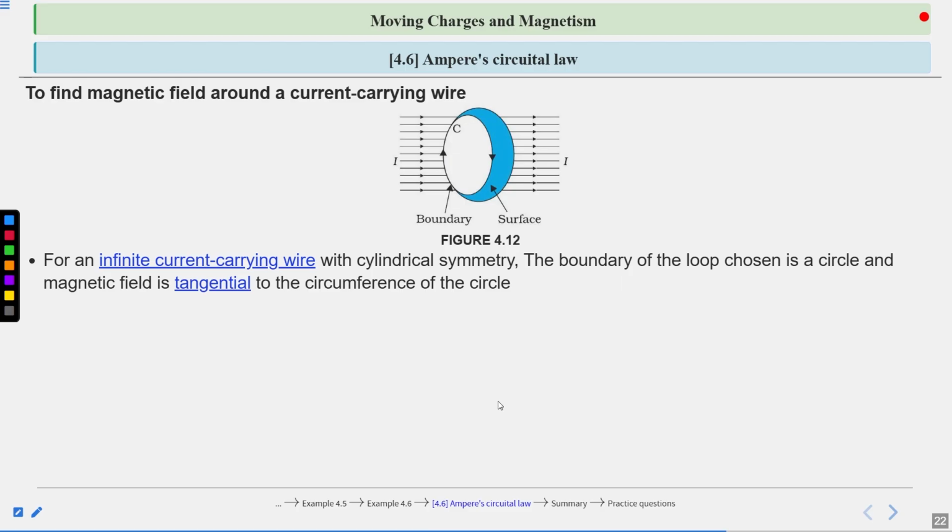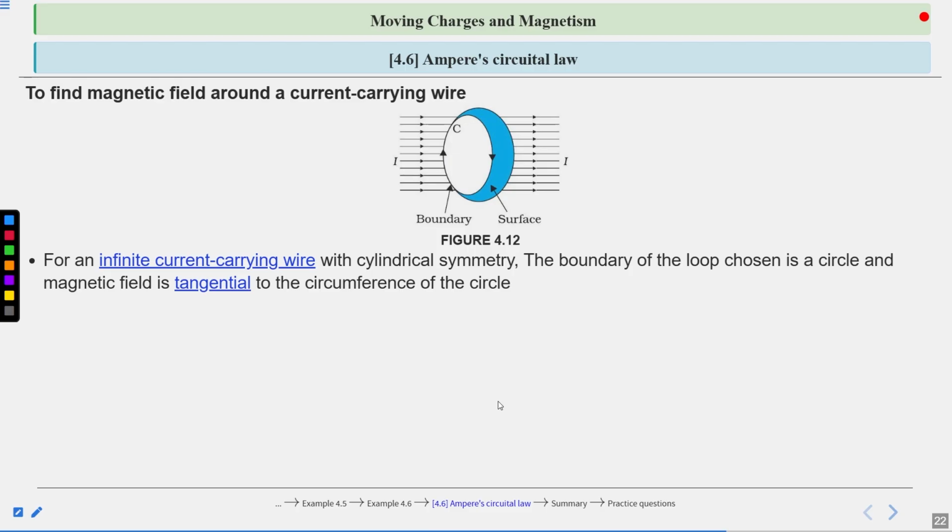The boundary of the loop chosen is a circle. We know that for a current carrying straight wire, the magnetic field lines around the wire are in the form of concentric circles. Now we have chosen an Amperian loop also as a circle, and the magnetic field lines are also in concentric circular direction.